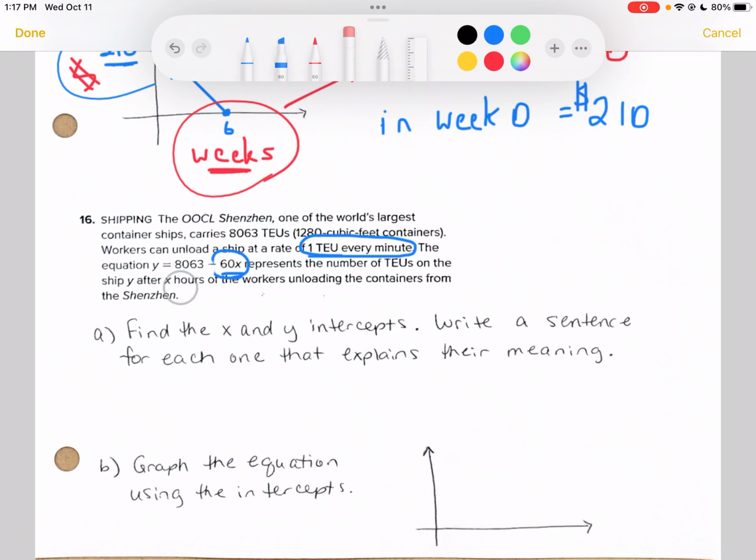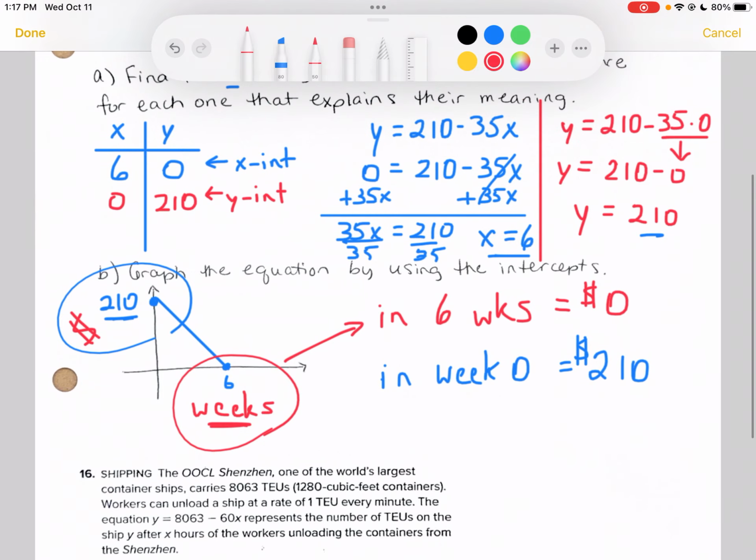Okay, so here's where we got to go. We got to find these intercepts. Let's make a little divider here, and do x-intercept on one side and y-intercept on the other side. To find the x-intercept, remember, we plug 0 in for y.